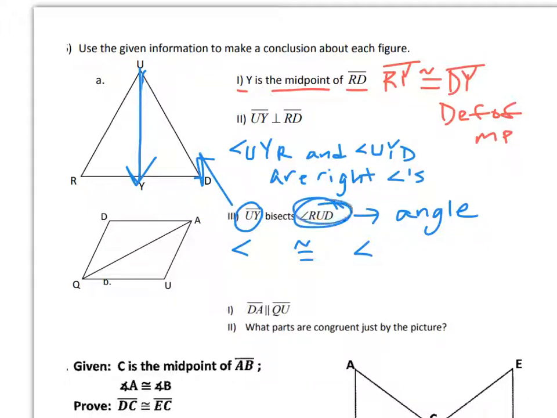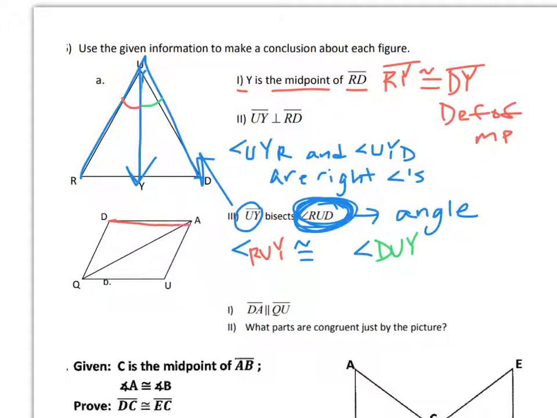So since I'm bisecting an angle RUD, that means that RUY is going to be congruent to DUY. All right, so if it's bisecting an angle, your answer has to do with angles. If it's bisecting a side, your answer has to do with sides. Okay, now let's go to the correct diagram.